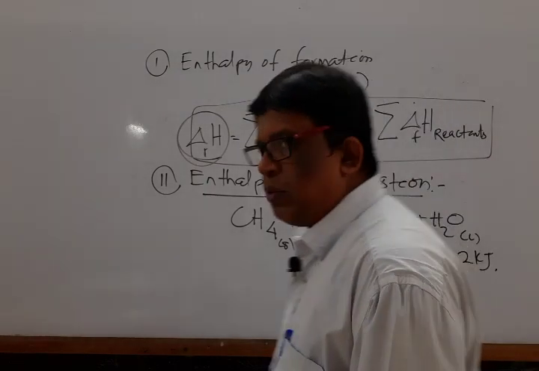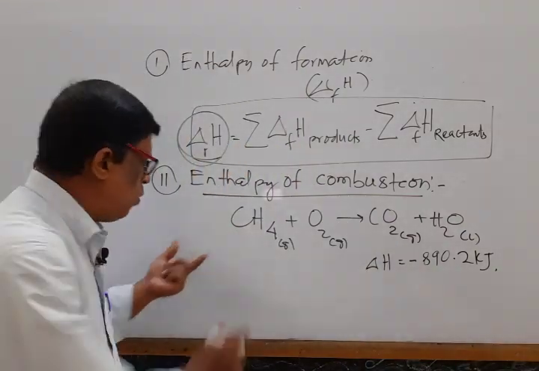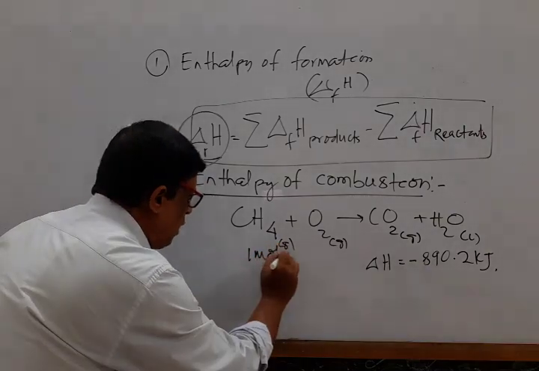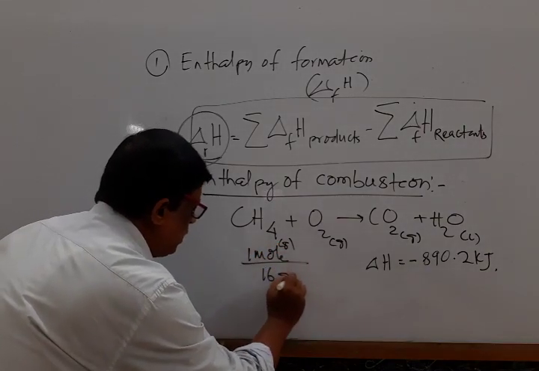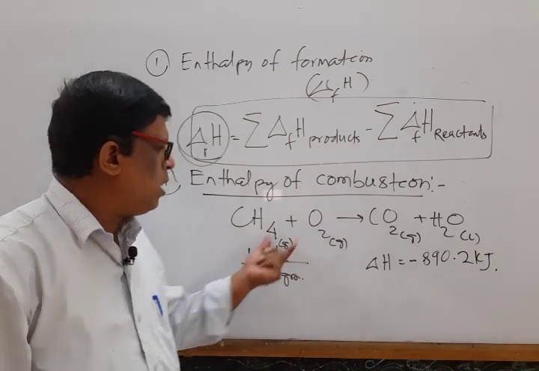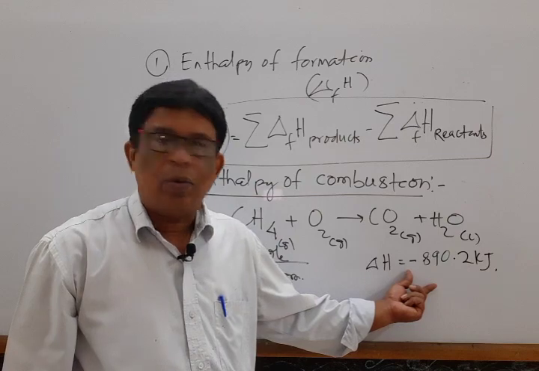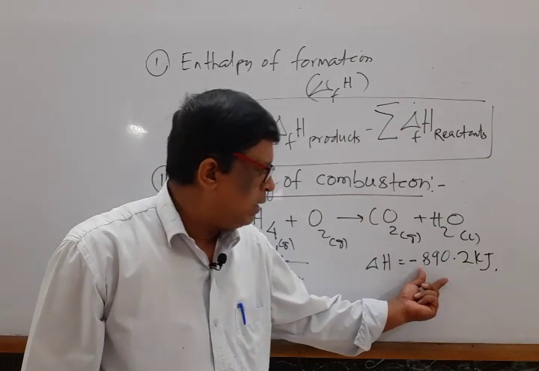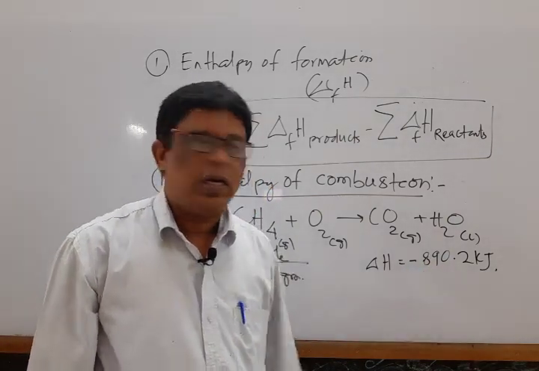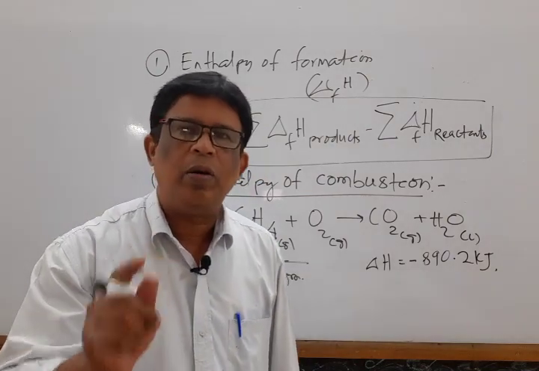Mark that. From this equation it is clear that when 1 mole, that means 16 gram, of methane undergoes complete combustion, then the amount of heat evolved is 890.2 kilojoule. Del H negative means exothermic, amount of heat evolved.